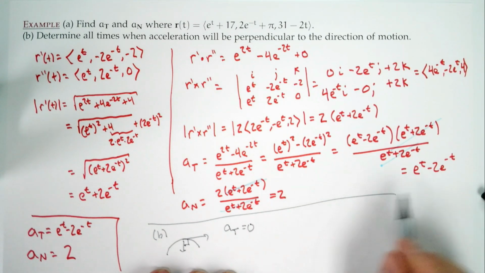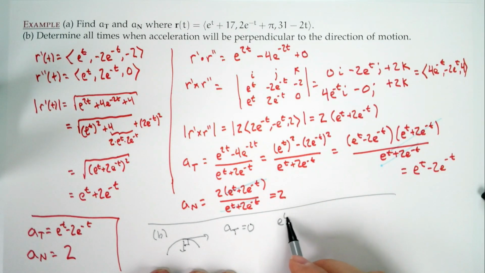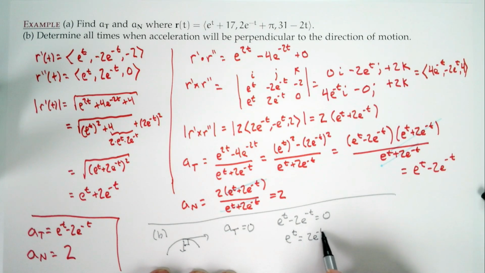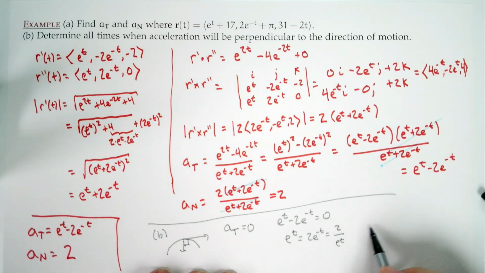So we come over here, we say, well, that says e to the t minus 2e to the negative t has to equal 0. And we start moving things around. That's e to the t equals 2e to the negative t, which is really just a way of saying 2 over e to the t. So we can then multiply, we get e to the t times e to the t, which is e to the 2t, is 2.